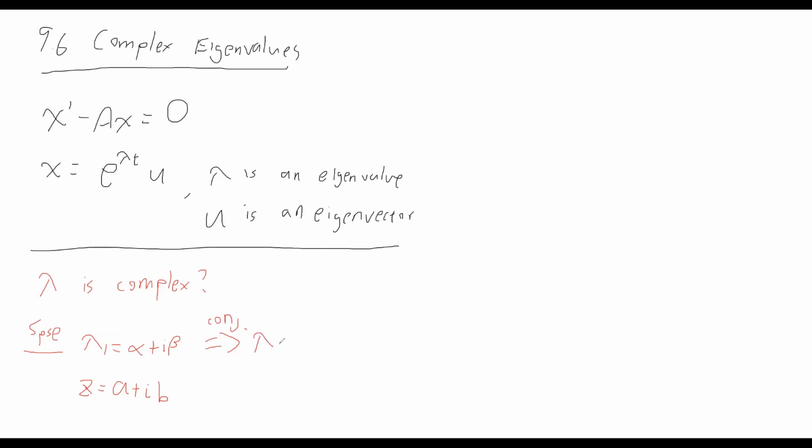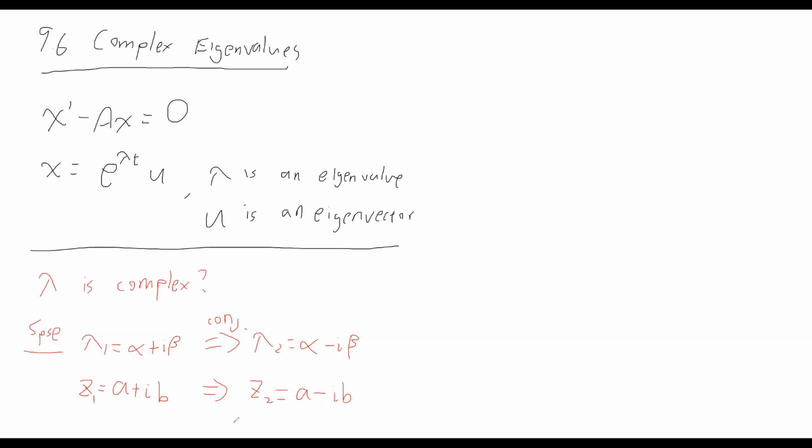That means we can say lambda 2 is the conjugate of lambda 1, which is alpha minus i beta, okay? And similarly for the eigenvector, we're going to have z2, call it z1, z2, is going to be a minus ib, because it's the conjugate of the first eigenvector.